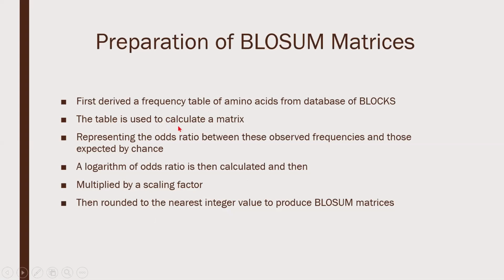This table is used to calculate a matrix that represents the odds ratio between the observed frequencies and those expected by chance. Then a logarithm of the odds ratio is calculated, and it is multiplied by a scaling factor that will be rounded to the nearest integer value to produce the BLOSUM matrices.